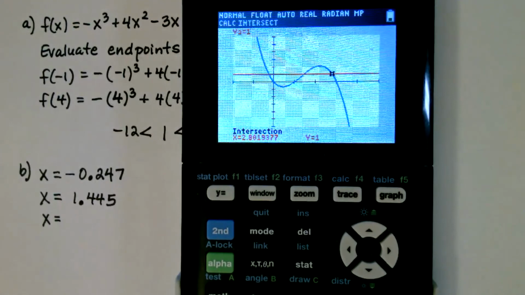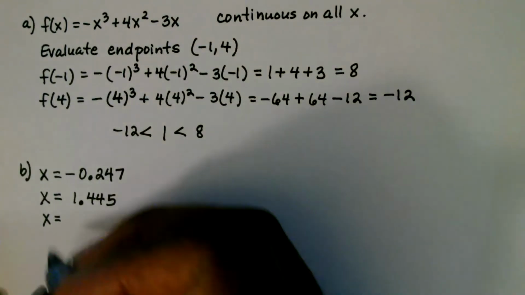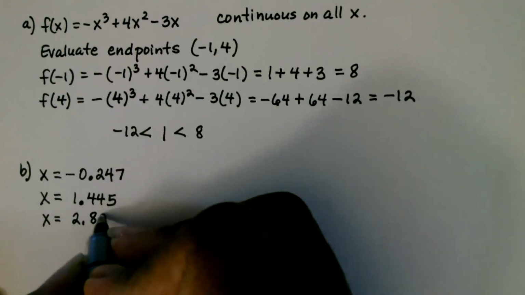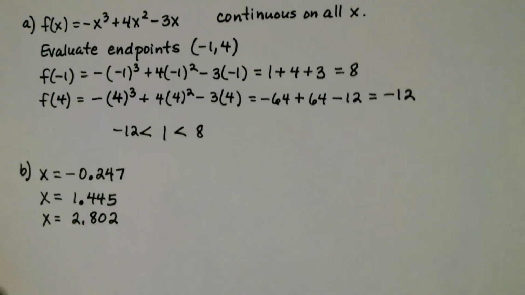This will be 2.802 if we were to round that off to 3 decimal places. So 2.802. Okay, so that's the answer to part B.